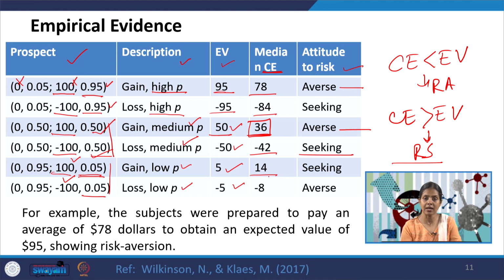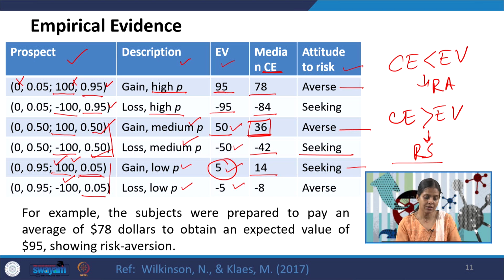Now, you can see that the certainty equivalent is actually greater than the expected value, which means here the individuals are risk seeking. So, this implies that when the probability of winning a larger amount is very small, people would rather prefer that risky prospect as compared to a sure gain of a smaller amount.